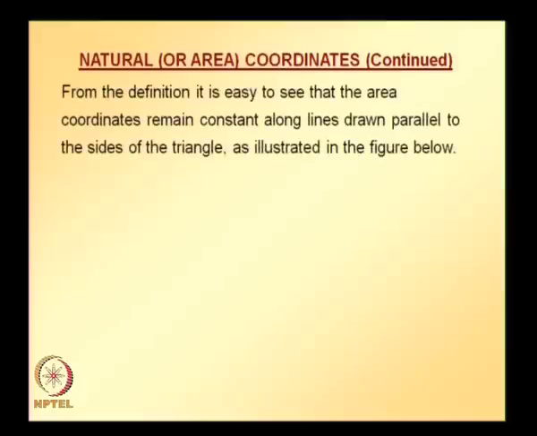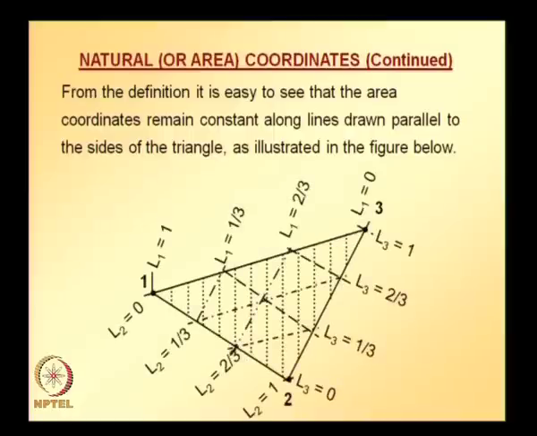And also from the definition, it is easy to see that area coordinates remain constant along lines drawn parallel to the sides of the triangle. So, it is illustrated here. If you have a triangle and you draw lines parallel to each of the sides, along those lines the area coordinates remain constant as indicated in the figure.